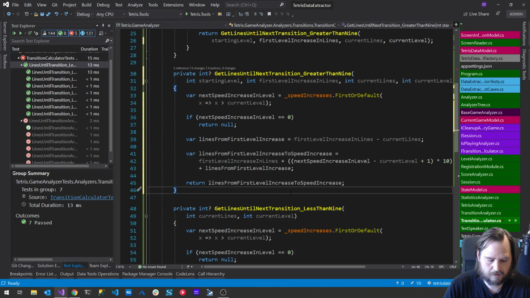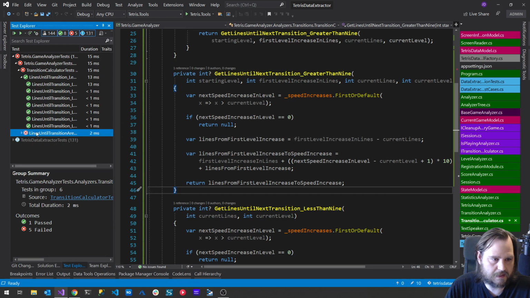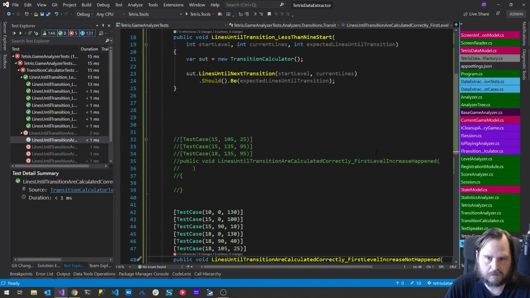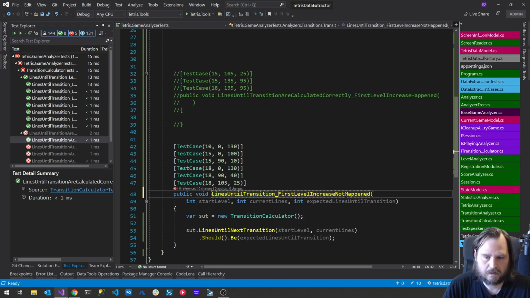There's so much craziness happening. Less than lines until transition. This is greater than 9.